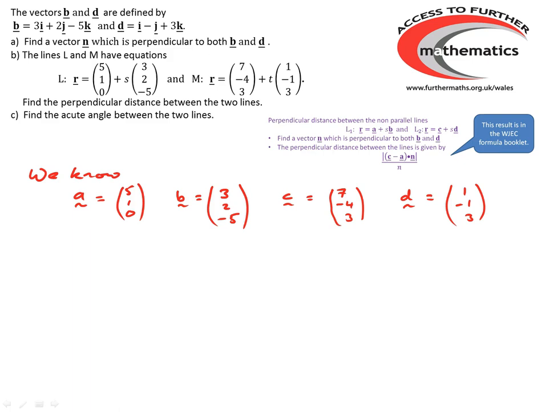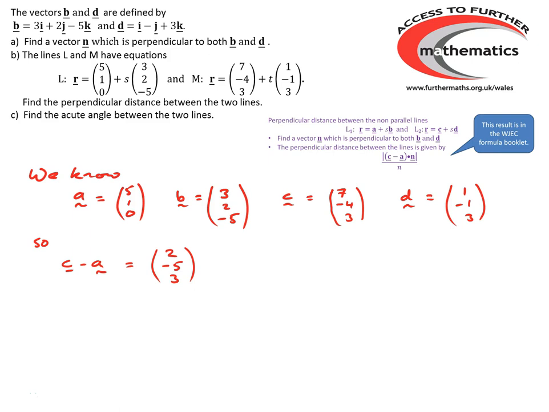The position vector of the point that the second line goes through is the vector c, which is (7, -4, 3). And the direction vector for the second line is the vector d, which we know is (1, -1, 3). The vector c minus a can be worked out easily.